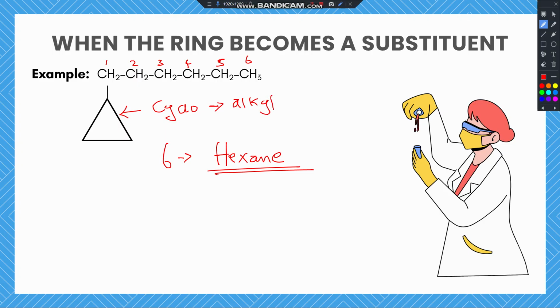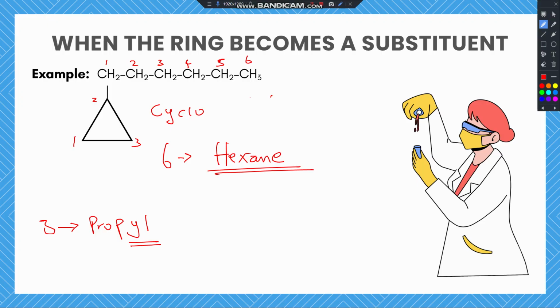So let me identify what the branch is now. The branch contains three carbon atoms and it is a cyclic structure. So when it is a cyclic structure, we name it cyclo. Three carbon atoms, one, two, three, gives us the name propyl. Remember, it's the branch now, so we are using the ending "-yl", showing that it is an alkyl branch. So we have cyclopropyl.